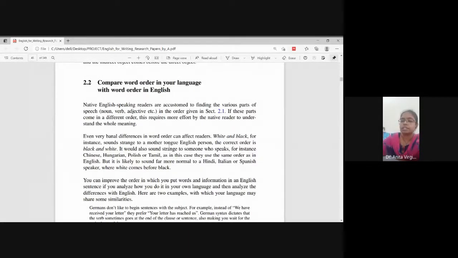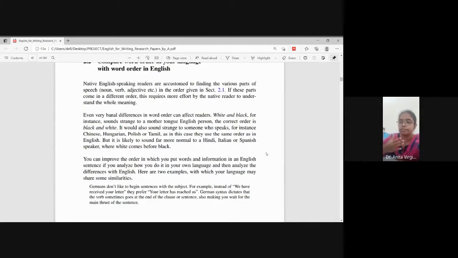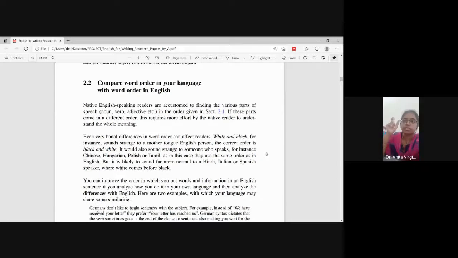Here we have some other example. We go to the third part. Choose the most relevant subject and put it at the beginning of the sentence. So when you have an important subject to be discussed, the main thing that you're going to talk about, take this sentence. It is about the researchers. So researchers are the main subject.